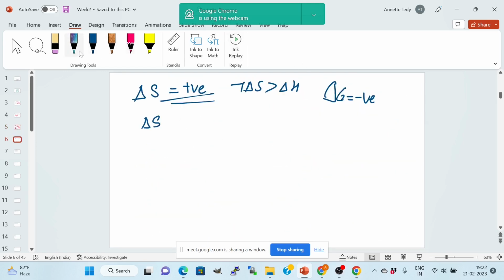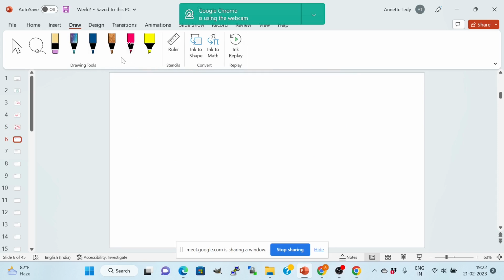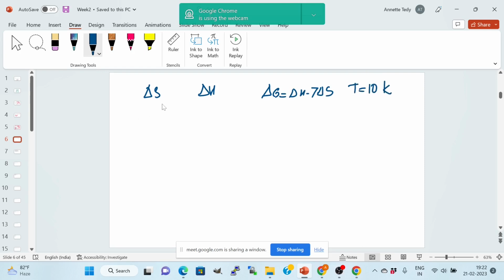One second. I think I have confused all of you. Delta S, delta H, delta G. So first, let me say that my temperature is, I'll just take 10 Kelvin instead of 100.